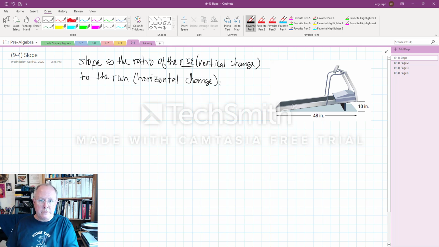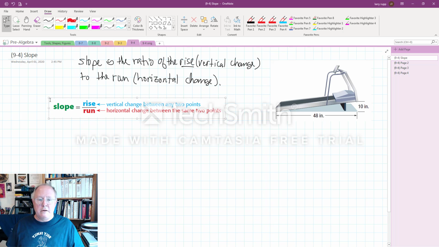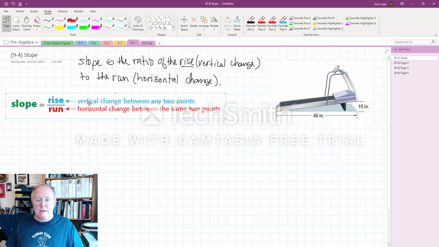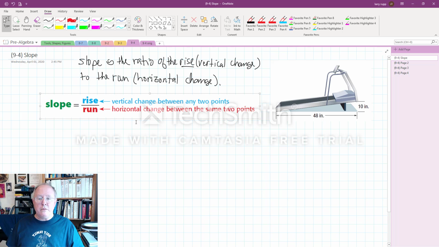Horizontal is back and forth. Okay, so let's put this in here a little bit more colorfully. So slope is the rise over the run.